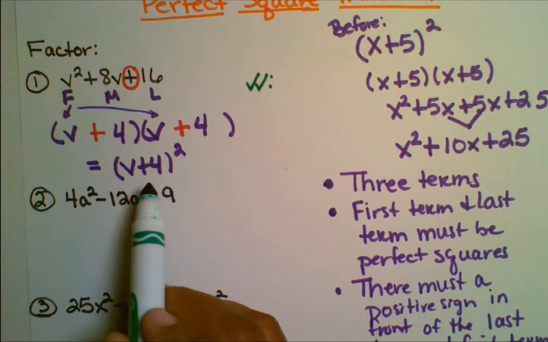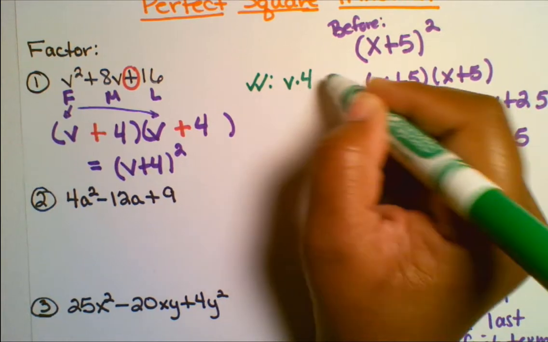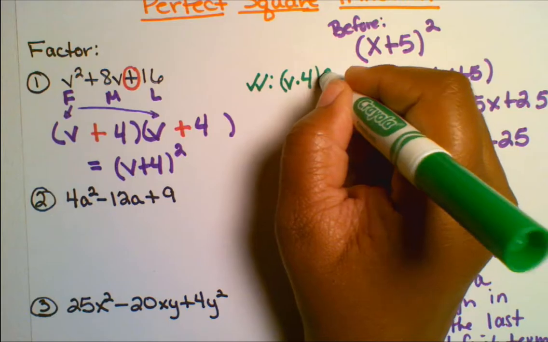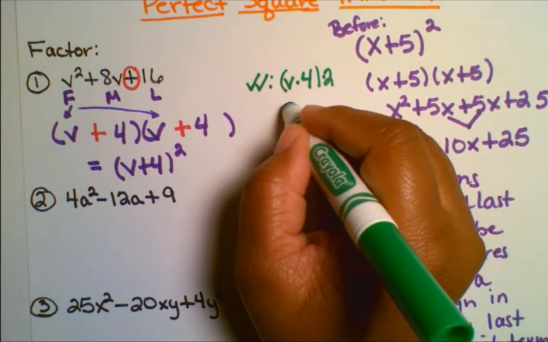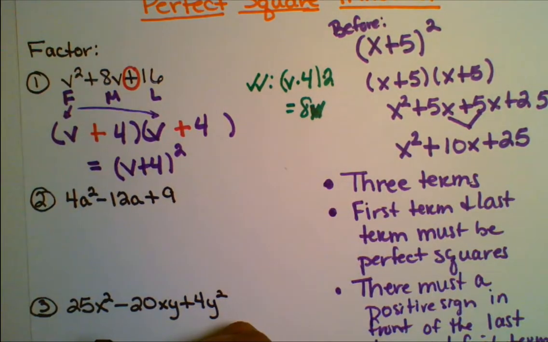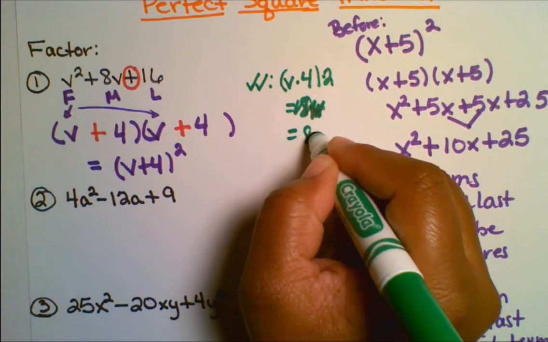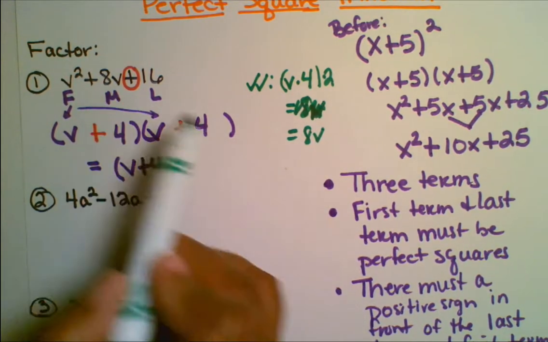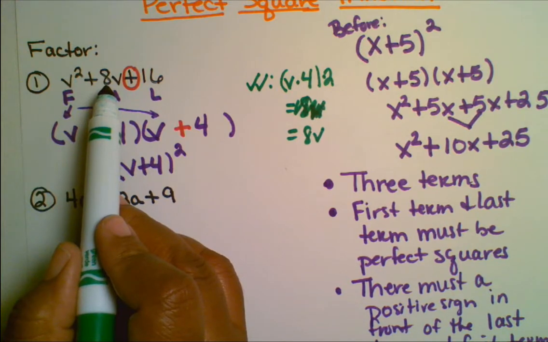We have 4 times v, which gives us 4v, and then we're going to double that, meaning we multiply it by 2. Multiplying 4v by 2 gives us 8v. Notice that the 8v matches the middle term of example number 1.